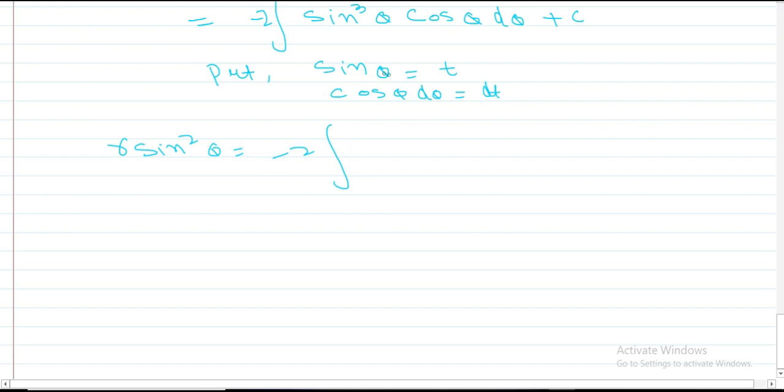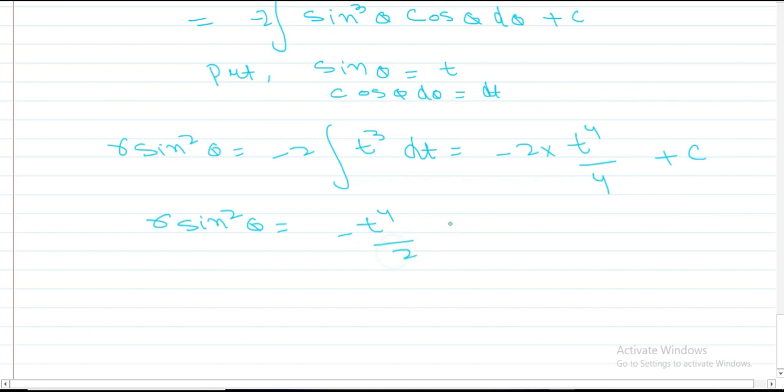Now instead of sin cube theta we write t cube, and instead of cos theta d theta we write dt. That's equal to minus 2 into integration of t cube, that is t raised to 4 by 4, plus c, right? So r sin square theta equals minus t raised to 4 by 2 plus c, right?